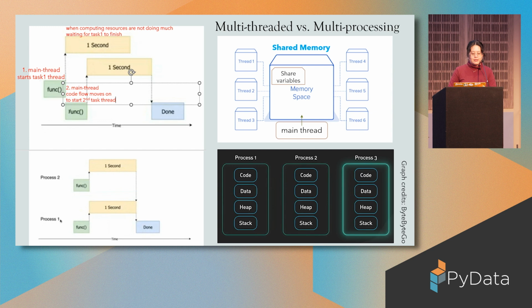Both threads are going to be processed and then hopefully completed around the same time. But you can see at the bottom left is multi-processing. It's real parallelism. Both processes actually started at the same time. That's the difference between multi-threading and multiprocessing. This also shows you on the right-hand side how the two ways use memory spaces differently.